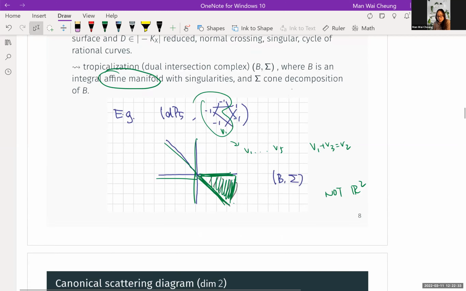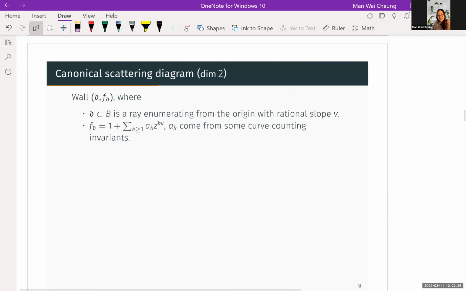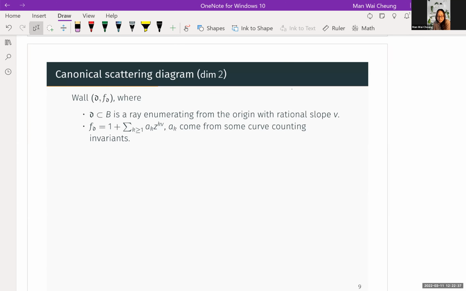And then once we have this, we want to draw a scattering diagram again. Again, we have walls. In dimension 2, the walls are just rays. And then again, we have functions associated to the walls. But one thing to note is that in a cluster scattering diagram, the walls are basically the cluster mutation formulas. But here the walls come from some Gromov-Witten invariants, which we'll talk about slightly more later.